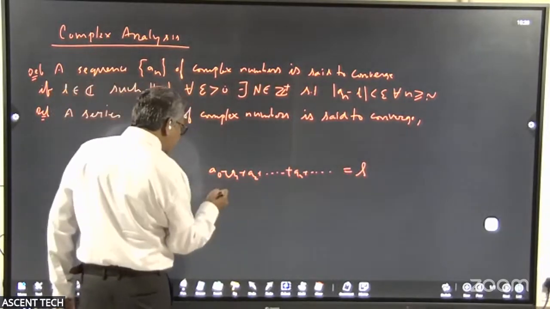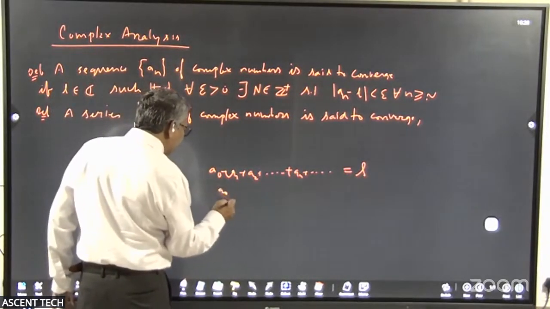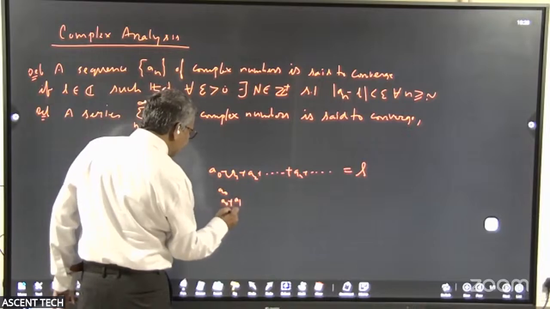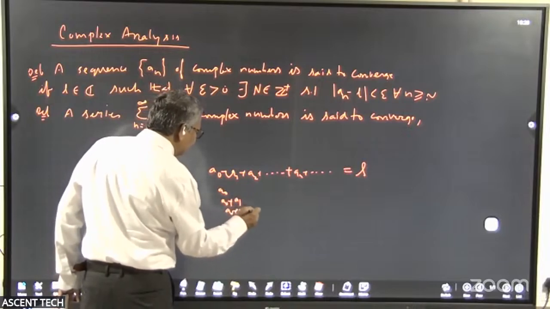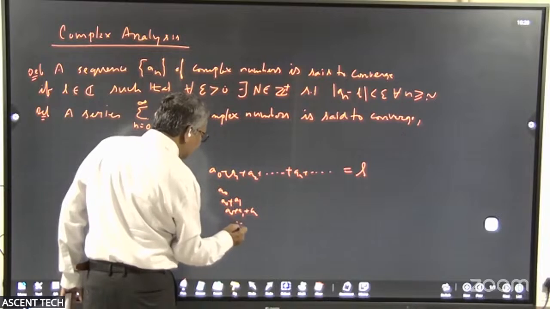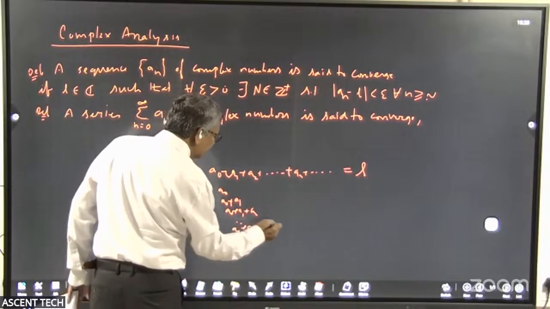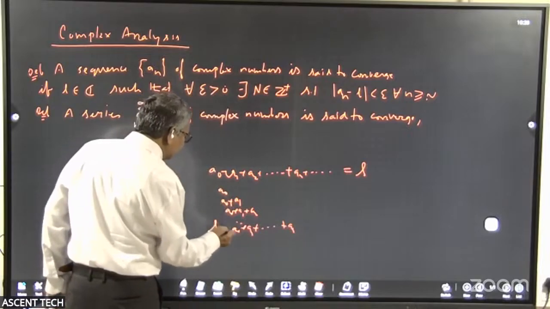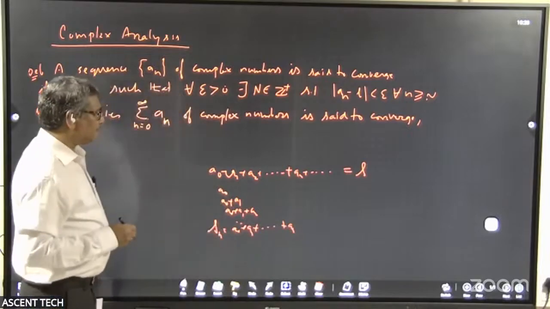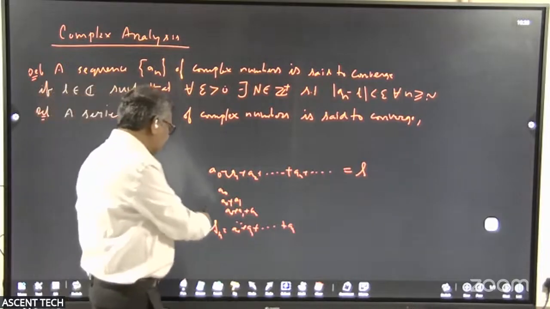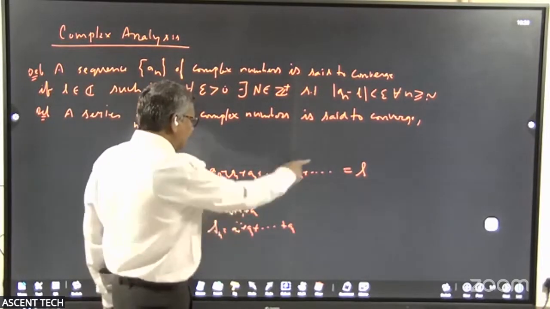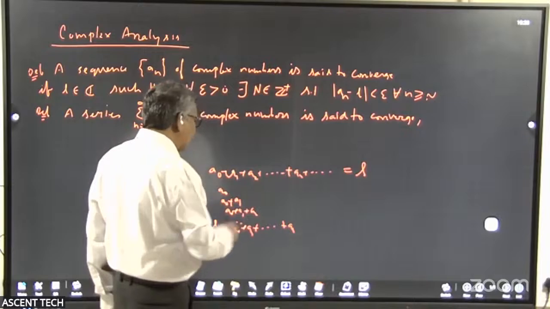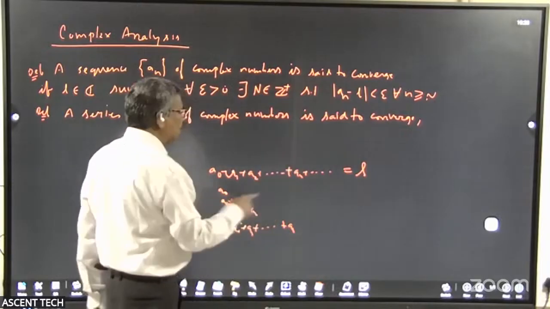Look at the partial sums: a_0 plus a_1, then a_0 plus a_1 plus a_2, and so on. S_n is the partial sum. If the partial sums tend to S, then the series converges.